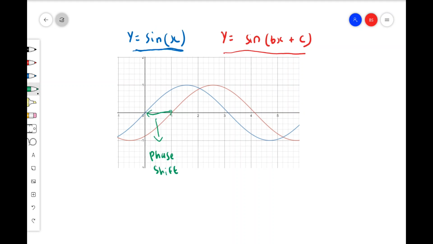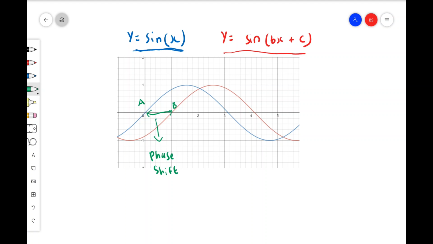In order to calculate the phase shift, let us observe the identical points on the two graphs. We can see that at point A, the value of the function is 0, and on the second graph, at point B, the value of the function is also 0. Let us find the value of x where the second graph is 0.